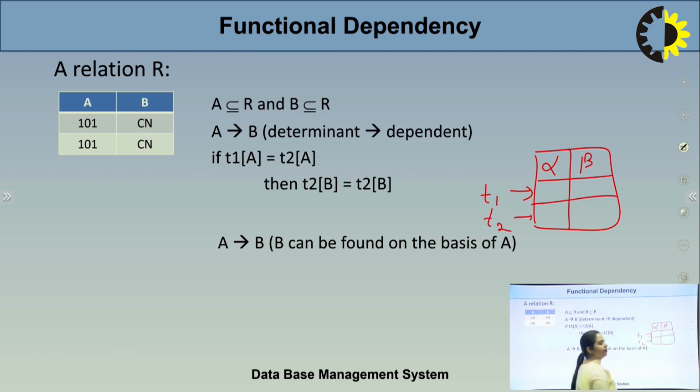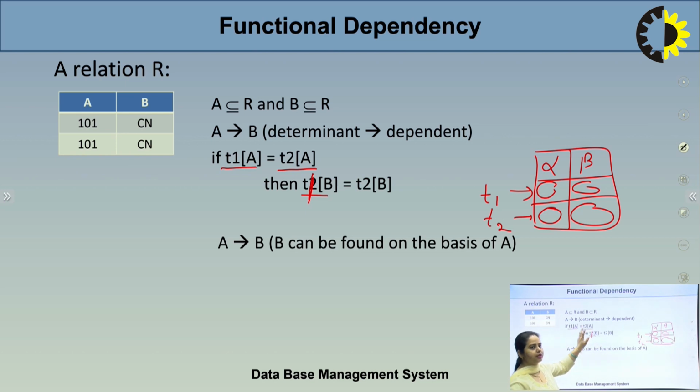So the definition of functional dependency says: if T1 of alpha is equal to T2 of alpha, then T1 of beta must be equal to T2 of beta. On the same value of alpha, we must get the same value of beta.